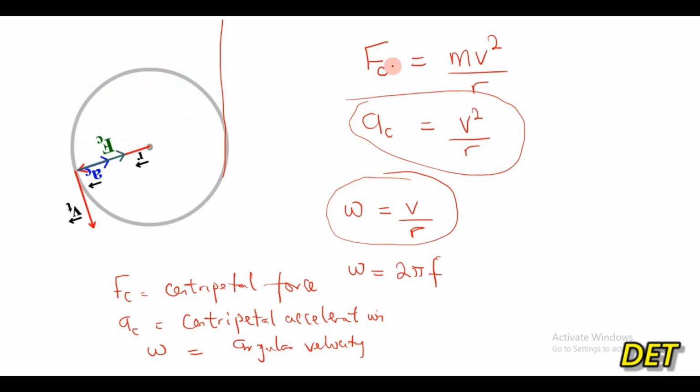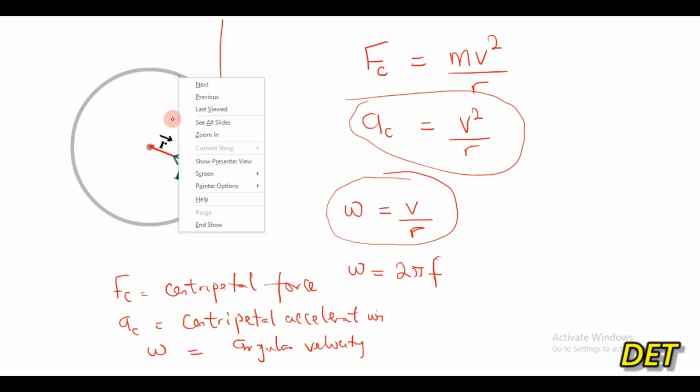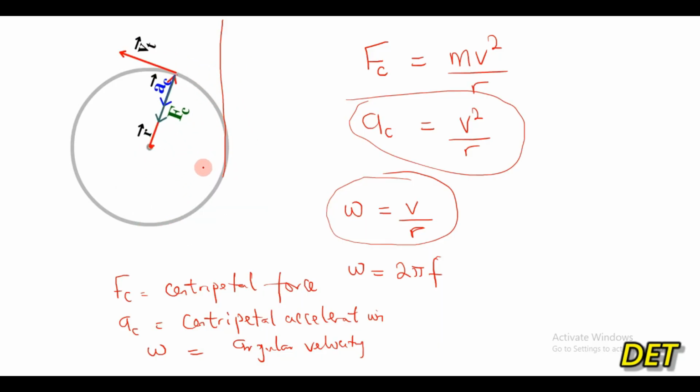So all these are very important. m is your mass, v is your velocity, the linear velocity, not the angular velocity. v is your linear velocity. r is the radius, that is the distance from the center to any part of the circumference, right? That's your radius. So these three formulas are very important whenever you're calculating any question on the centripetal force.